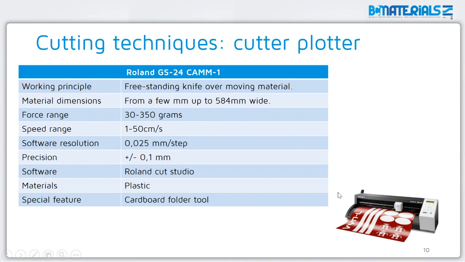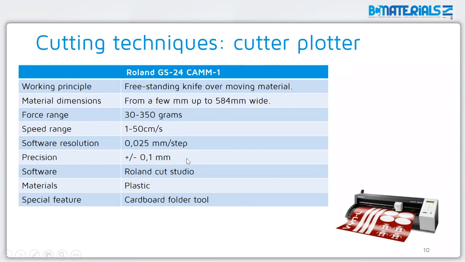In this case, we're using a professional cutter plotter, so it's got very high specs. The software resolution is 25 microns. I don't think we can go that low when we want to make new structures. In fact, what I would recommend is not to go below 0.5 millimeter. Probably you will have questions about these that you can ask and we can discuss later on.